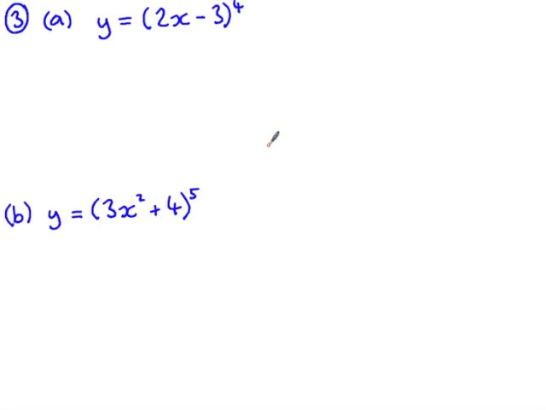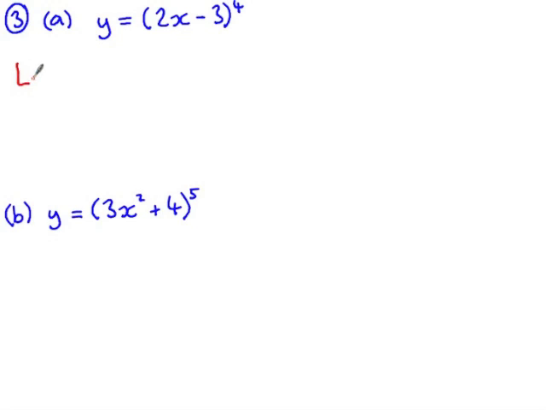Now, more commonly when the chain rule is needed to differentiate a function, we're not explicitly given u, the function of x. So here we've got y equals 2x take 3 to the power of 4, but this bit in the brackets, this 2x take 3, is a function of x.